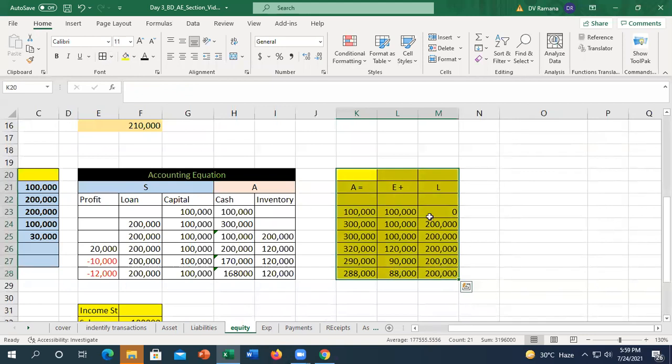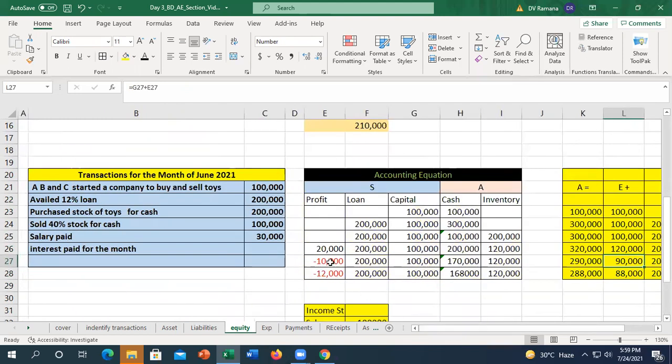Now observe the equity. Why did the equity change? Equity increased because the capital has been raised. Equity increased because there was a profit. But after that, equity went on reducing because of the loss.